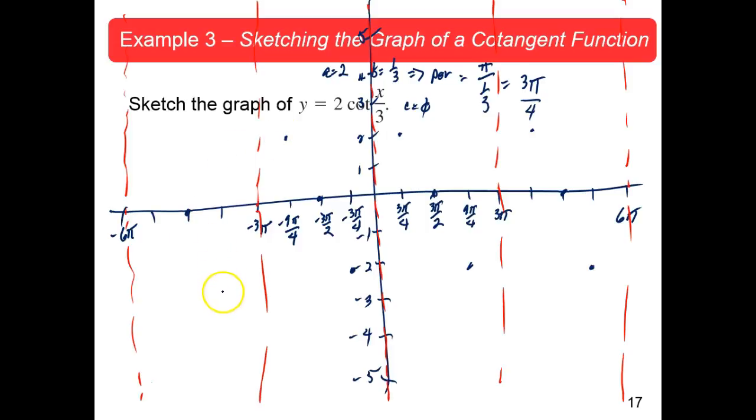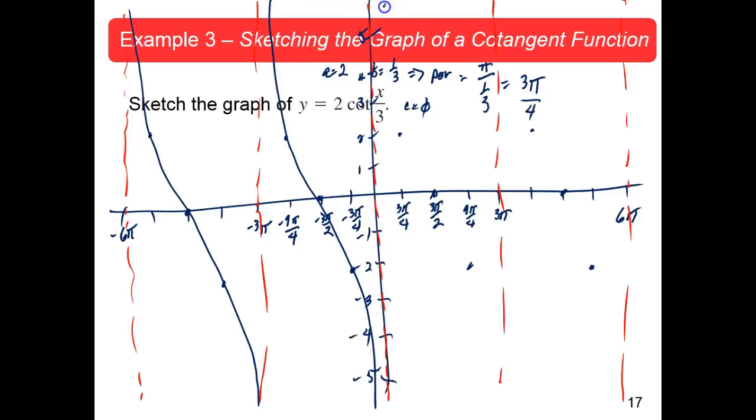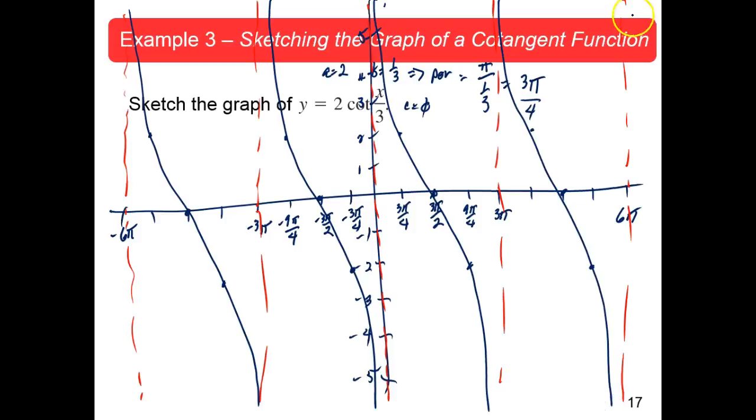And they're approaching the vertical asymptotes, can't touch them, but they can approach them. And it keeps on going like that.